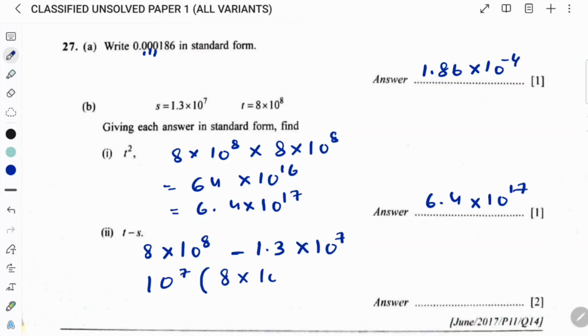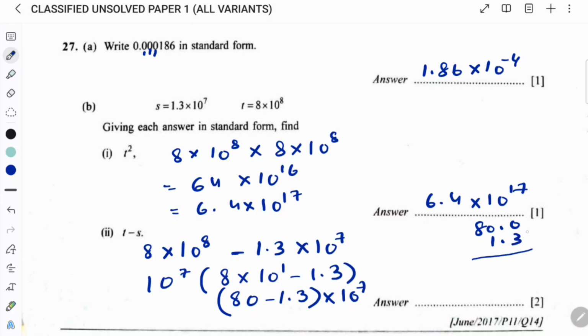Then 8 into 10 to the power 1 minus 1.3: 80 minus 1.3, and 10 to the power 7. 80.0 minus 1.3 gives 78.7, into 10 to the power 7, which is 7.87 into 10 to the power of 8.